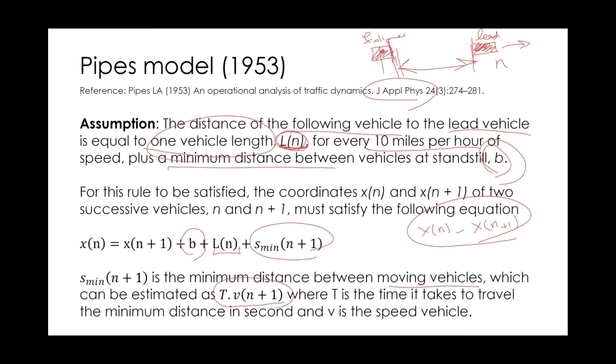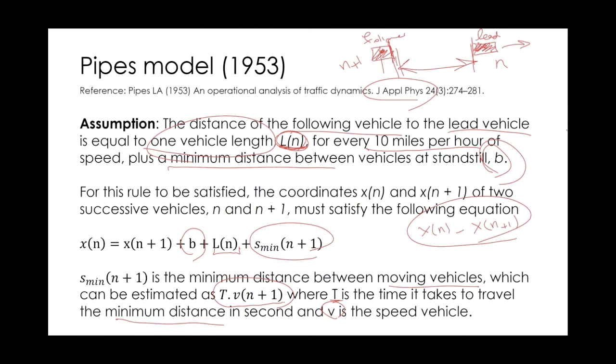Remember, the lead was n, the follower is the vehicle n plus 1. So Vn plus 1 is the speed of the follower, where t is the time that it takes to travel the minimum distance in seconds, and v is actually the speed of the vehicle. And in this case, it's Vn plus 1, and that is the speed of the follower vehicle.